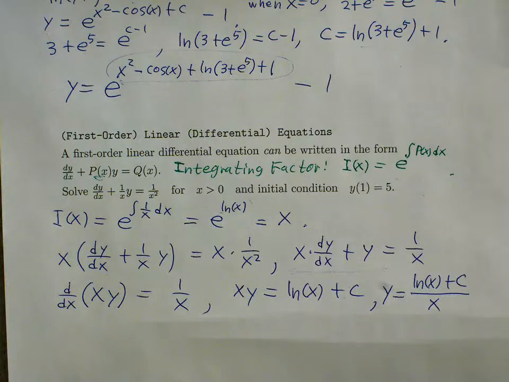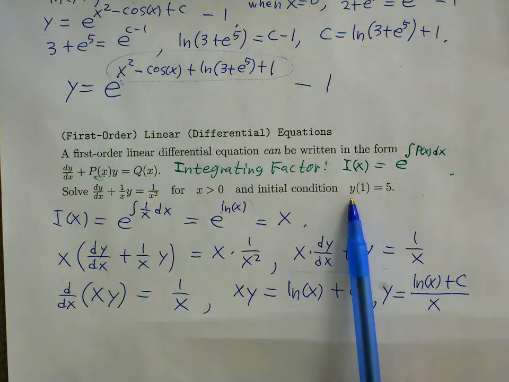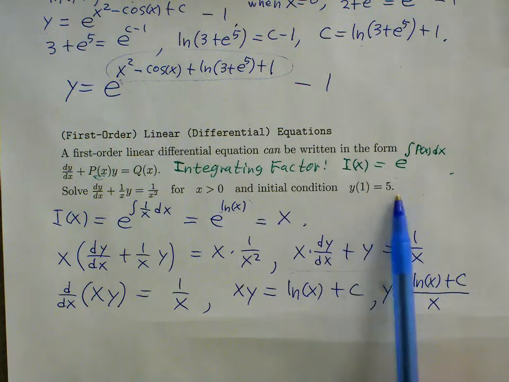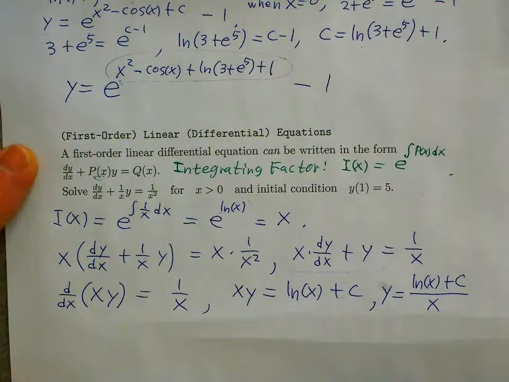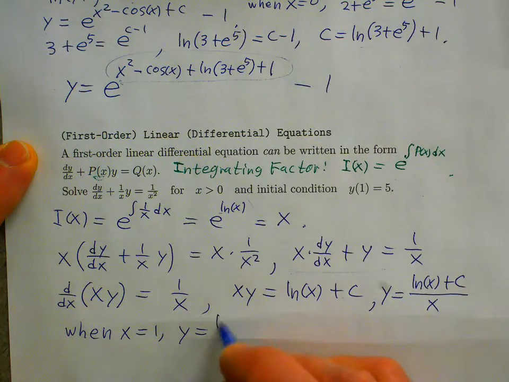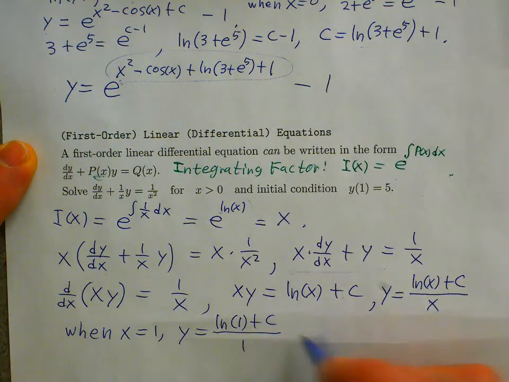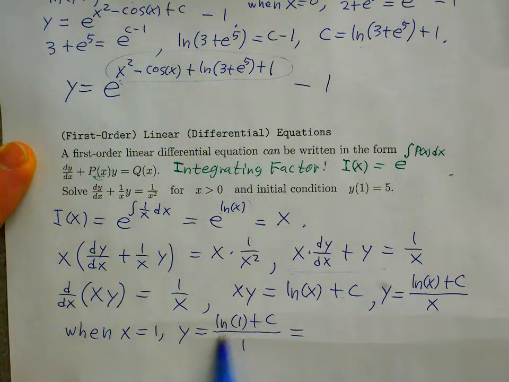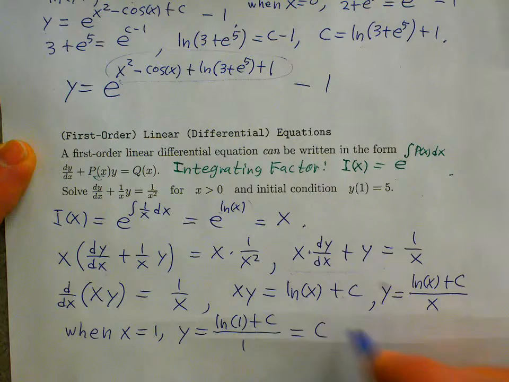And then the initial condition: when x is 1, y is 5. Okay, so when x is 1, y is equal to the natural log of 1 plus c over 1. We can go ahead and simplify this. The natural log of 1 is 0, and c divided by 1 is c, and so this is equal to 5.